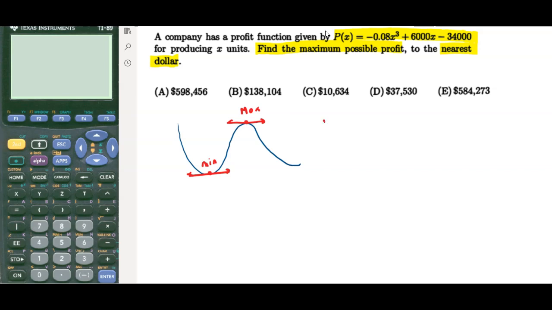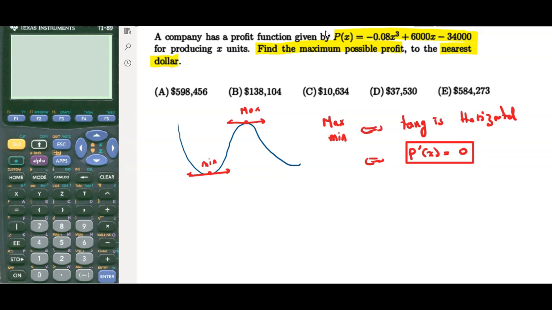So the conclusion: every time I have a maximum or a minimum, this is equivalent to the tangent line being horizontal. And if the tangent line is horizontal, this means that the derivative, which is p prime in this case, equals 0. So that's what we are aiming for, right?